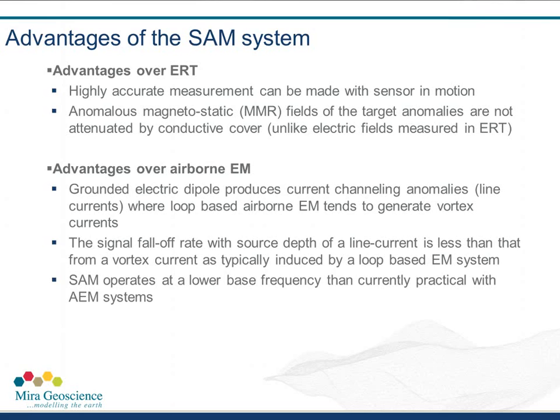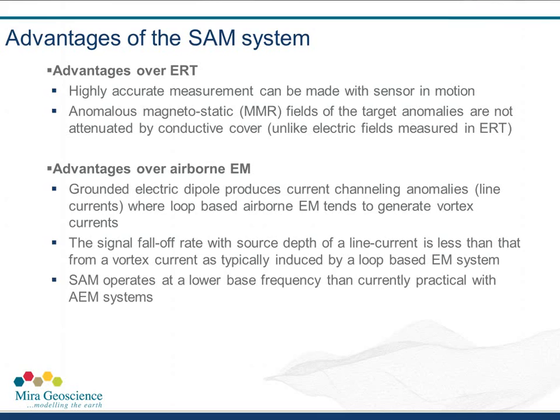You energize your target, and then you're not actually having to get that signal back up through that conductive cover because you're measuring the magnetic field, not the electric field. So there's a significant depth penetration advantage with the SAM system. And that also applies to the airborne EM comparison.